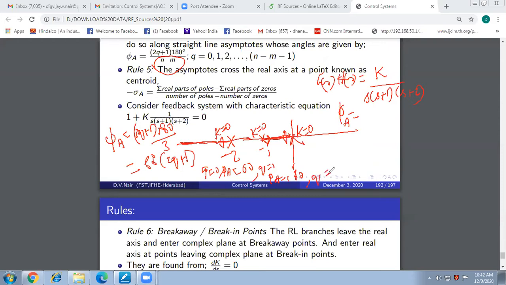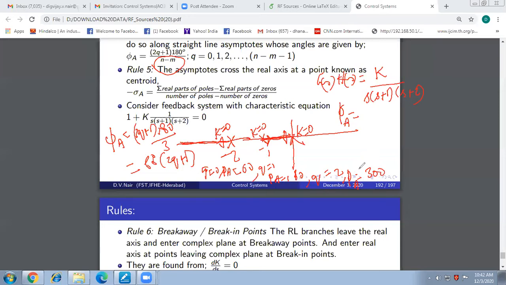And for q equal to 2, q will end at n minus m minus 1, which is 3 minus 1, that is 2. For q equal to 2, phi A will be 5 into 60, that is 300 degrees. So there are three asymptotes at 60 degrees with the positive real axis, 180 degrees and 300 degrees.